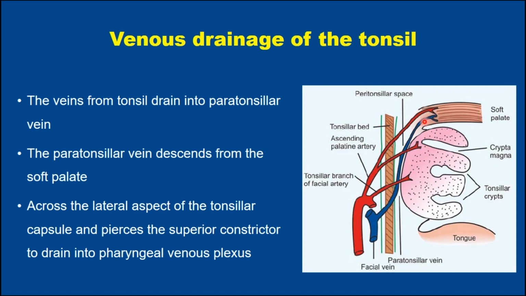From the soft palate the paratonsillar vein descends downward, crosses the lateral aspect of the tonsillar capsule, and finally pierces the superior constrictor muscle and drains into the pharyngeal venous plexus. So this is about the venous drainage of the tonsil.